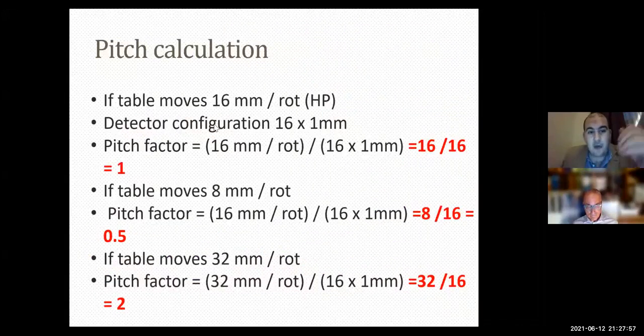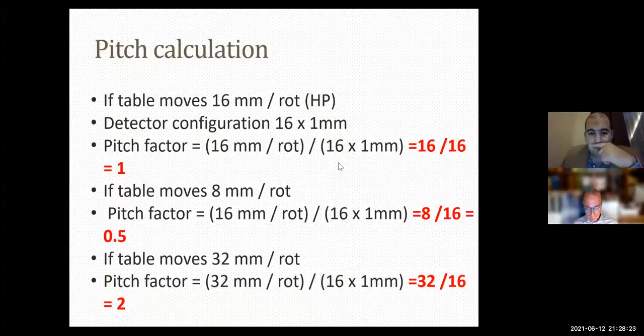For example, to understand this very well, if the table moves 16 millimeter per rotation, and detector configuration is 16 times 1 millimeter, now the pitch factor is 16 millimeter per rotation divided by 16 times 1 millimeter, so 16 by 16, which is 1. So you will find in your machines the pitch factor is 1 for this value.